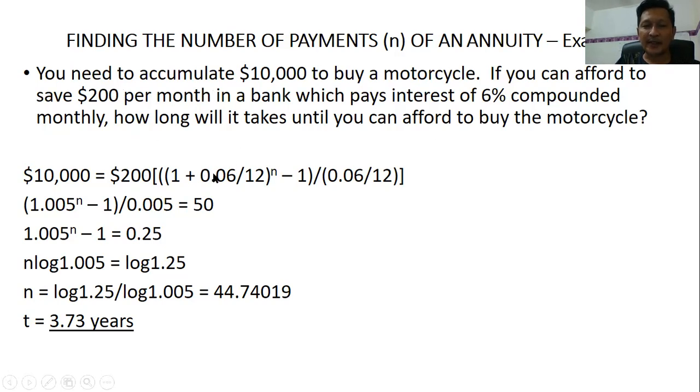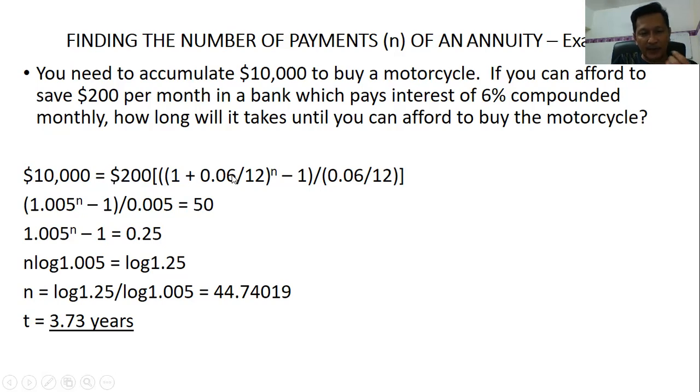Your j is 6%, and since your m is 12, you need to divide by 12, to the power of n. It is still n because you need to solve for this n, minus 1, and divided by your i, which is 6% divided by 12. So you write this down first in the first line.